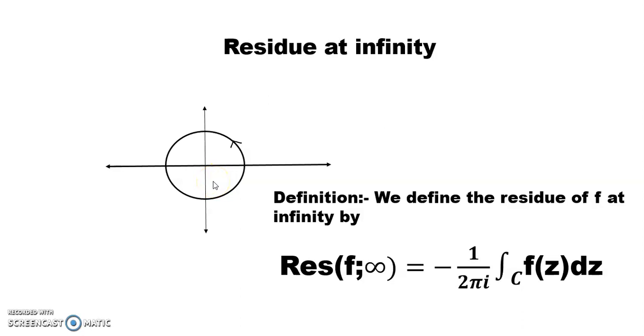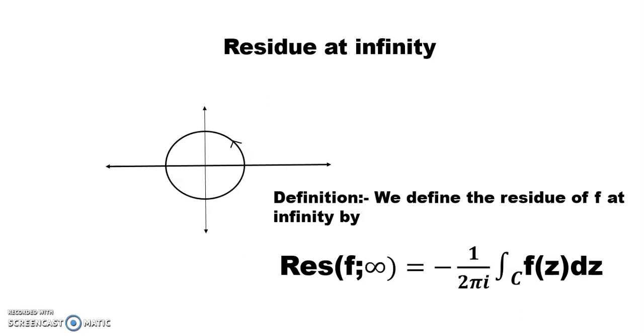Let C be a positively oriented curve that is large enough to contain all the singularities.